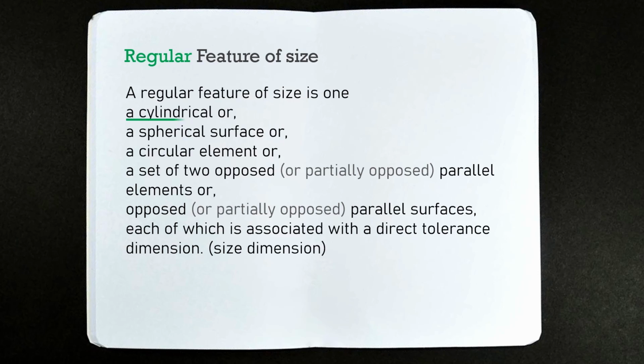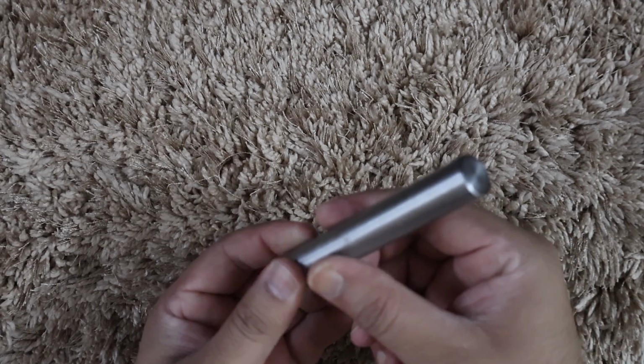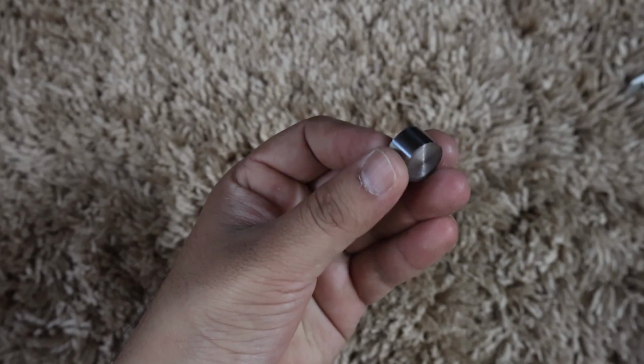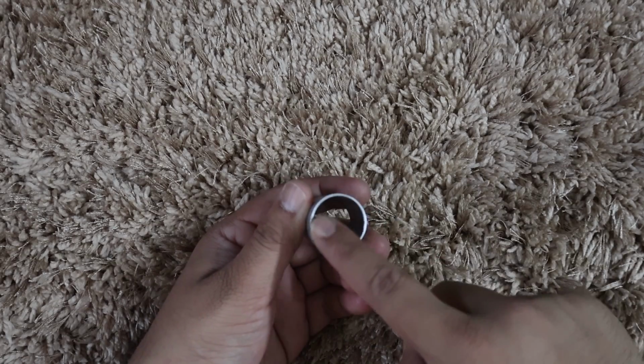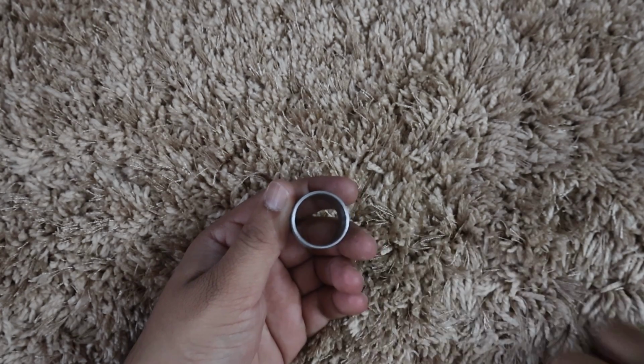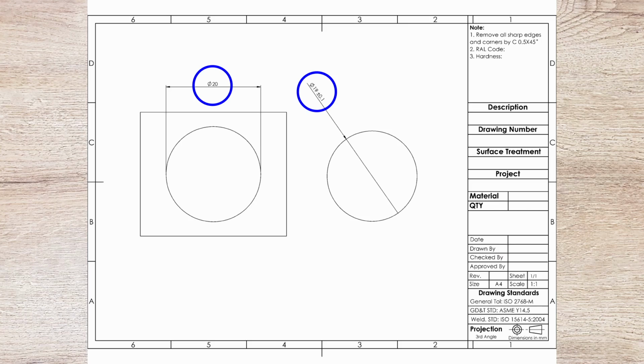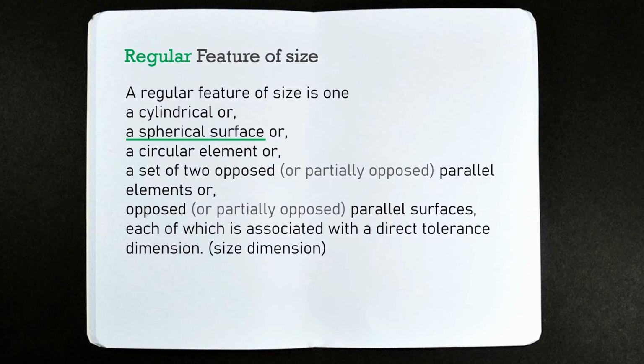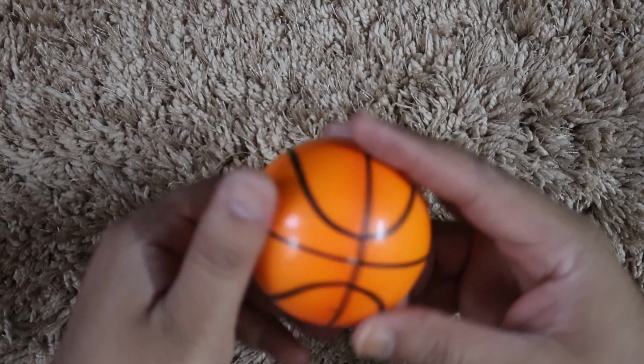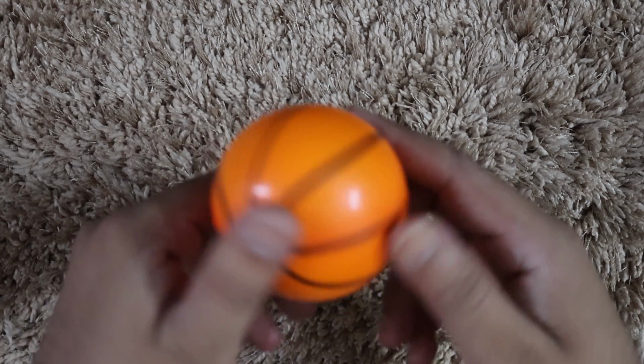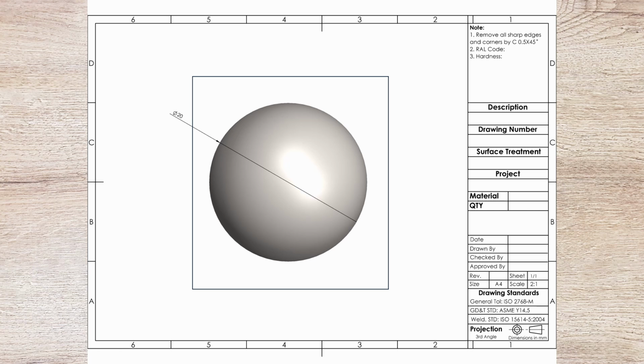The first is cylindrical, which means a simple shaft or a roller or a circular hole with its directly defined size, its diameter. It's all a regular feature of size. A spherical surface means a spherical ball, or a spherical ball cavity within a part, with its diameter. So it's a regular feature of size.